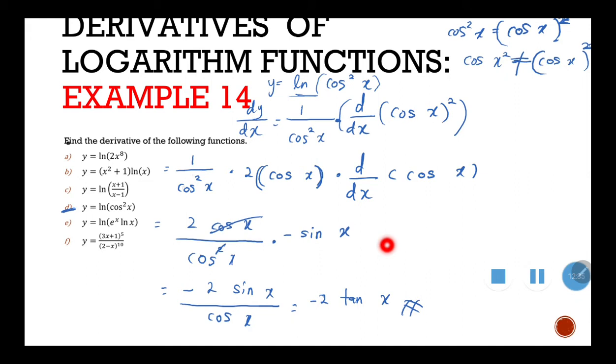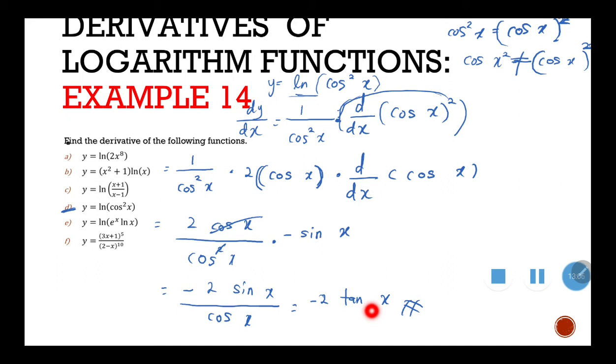So 1 over cos square x times 2 brought to the front, so we'll get 2 cos x, rewrite back whatever function, times the d/dx of the function in the bracket. So the d/dx of cos x, you will get minus sin x, and this can be simplified like this, 2 cos x over cos square x.